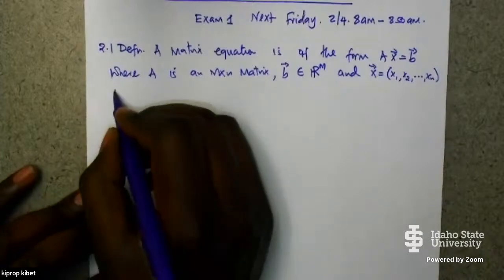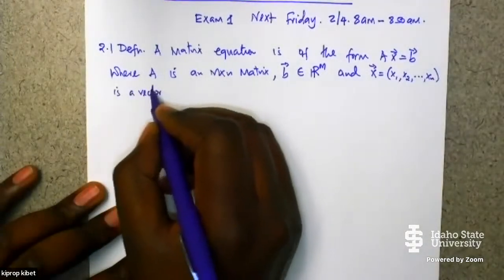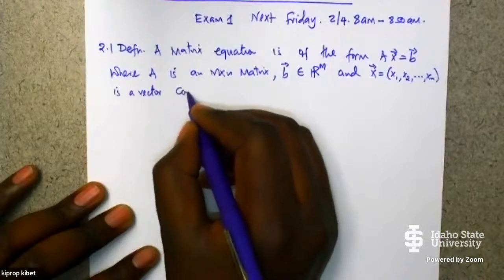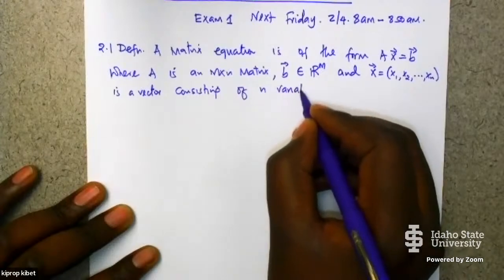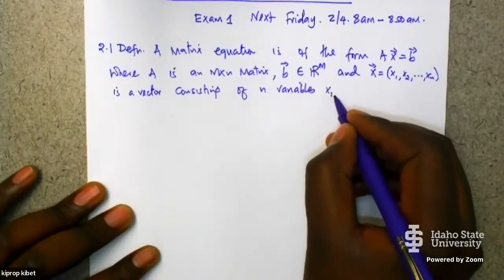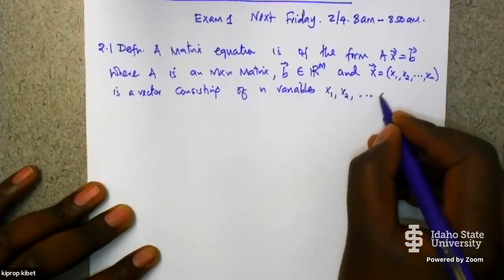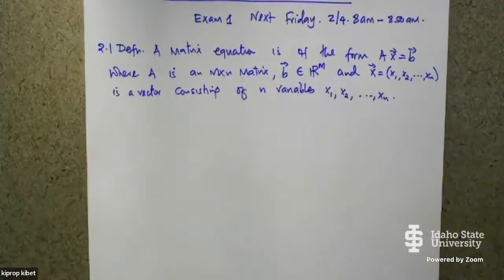This X is a vector consisting of n variables, X1, X2, up to Xn. So a matrix equation is of the form Ax equals B, where A is an m by n matrix, B is an element of Rm, and X is a vector consisting of n variables.